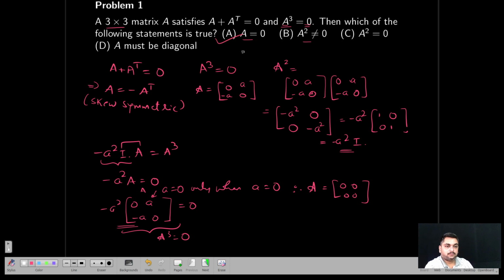So option A. Now, A square is not equal to 0, because you already found out A square is not 0 unless A is equal to 0. If A equal to 0, then A square will be equal to 0 implicitly. Also, A must be diagonal. So A is not a diagonal because it's a skew symmetric, hence the diagonal elements are 0.